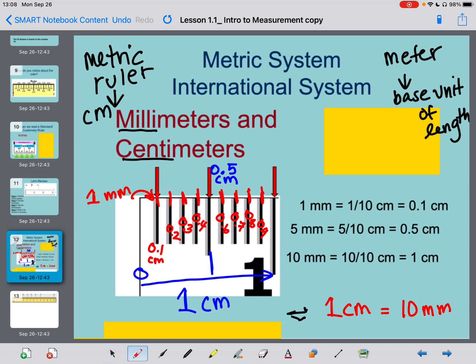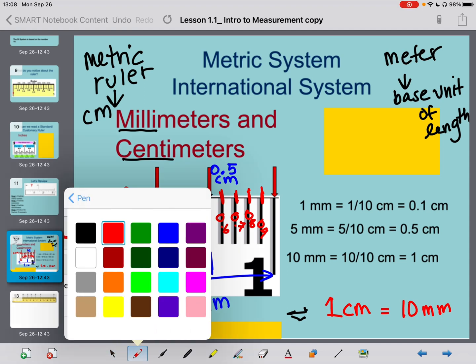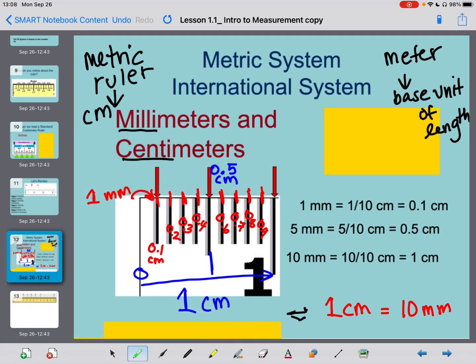In fact, in a meter stick, right, exactly 1 meter, you have 100 centimeters, and you would have 1,000 millimeters, okay? That prefix milli right here, the base word is mil, right?